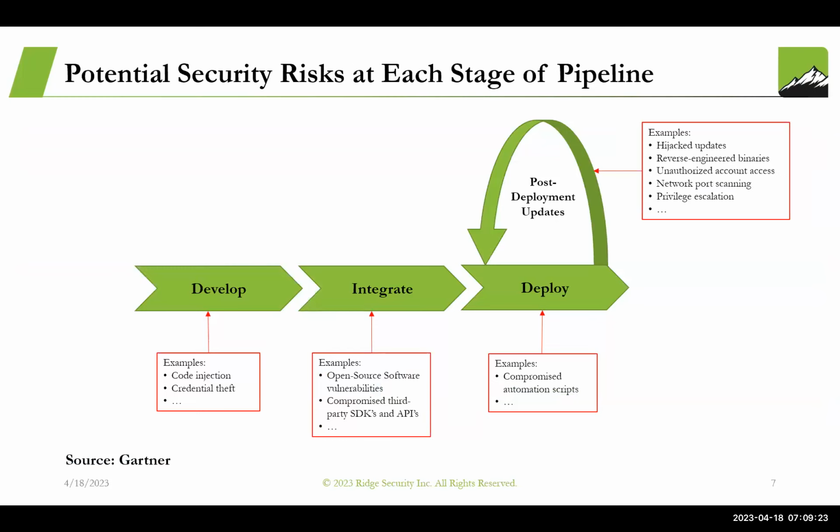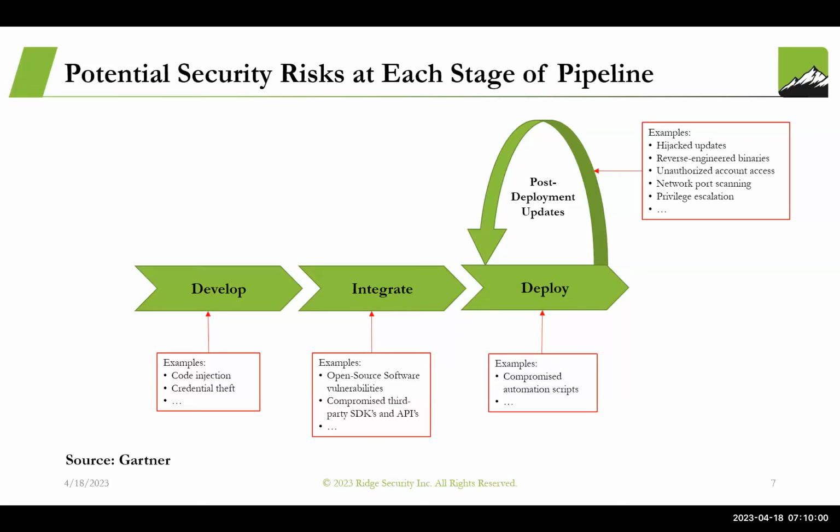So again, let's remember that a software supply chain attack is the act of compromising software or one of its dependencies at any stage throughout its development, delivery, and usage. That means it could be during the development stage, the integration stage, or the deployment stage. And finally, it could be during the ongoing deployment updates. And that was the case with SolarWinds.